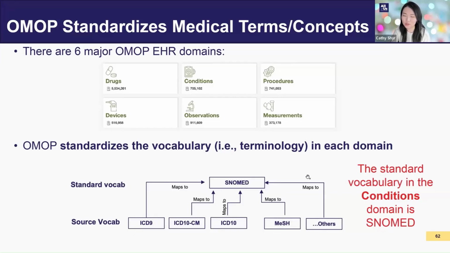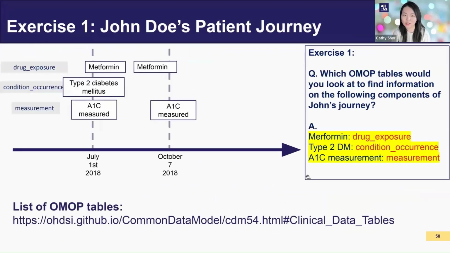The reason for this is, if we think back to John's patient journey, let's say he sought care at an academic medical institution, and that healthcare provider used ICD-10 billing codes. But if he had gone to a community health clinic, then that healthcare provider might be using ICD-9 billing codes.